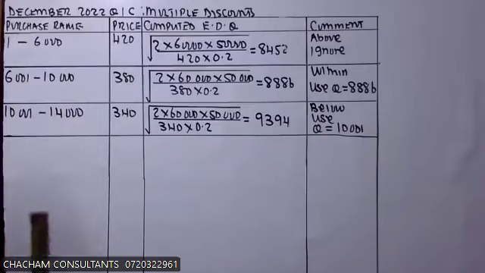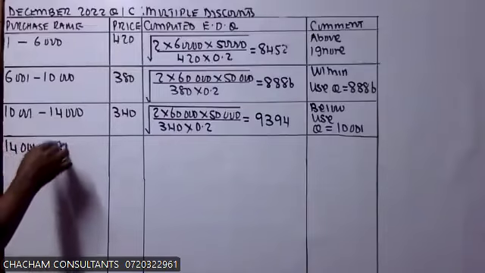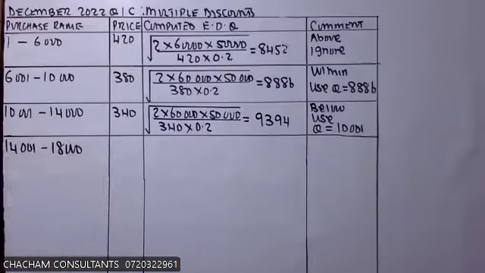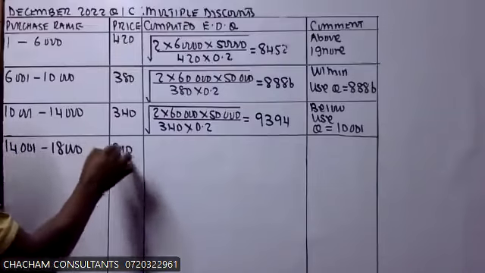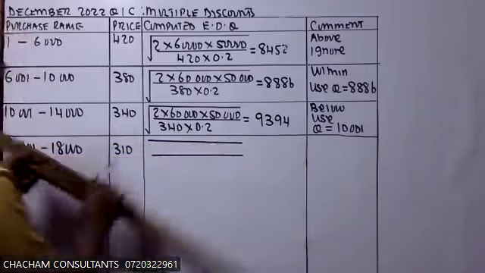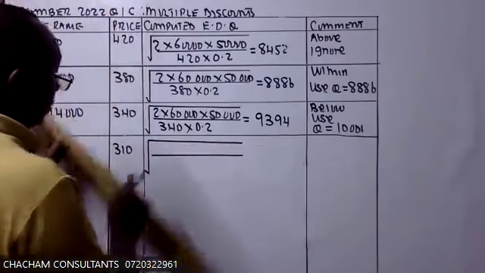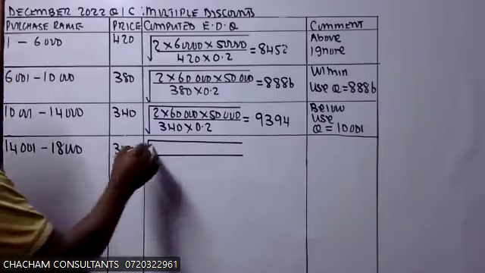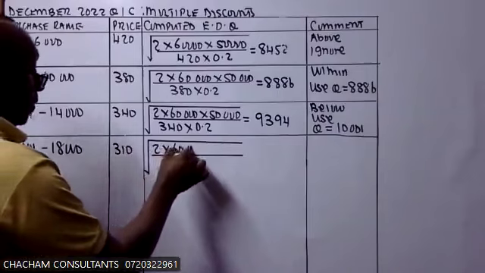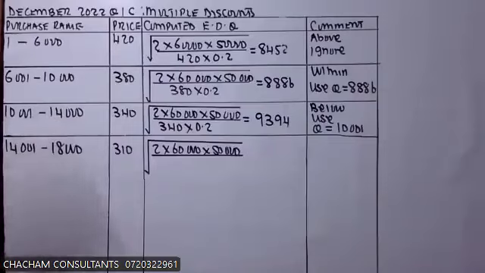So the next range is 14,000 to 18,000. And the price is 310. So this will be 2 times 60,000 times 50,000. We have 310.